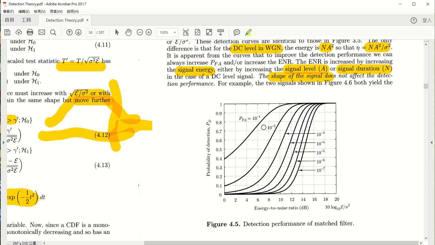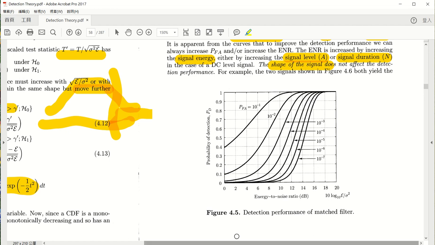So in this figure, let's take a careful look. In the detection performance plot, the horizontal axis is ENR, that is this, except it's in log scale. We take the log 10 multiplied by 10, which is the dB scale.